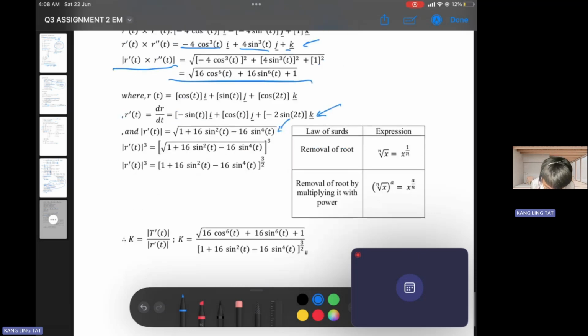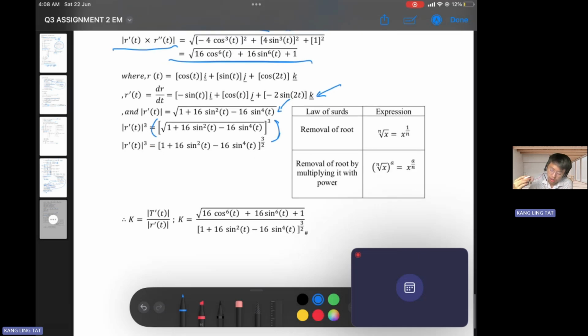Here, it's a bit tricky, but looking at the law of surds and its respective expressions, so the removal of root. It says that in another term you can say surd x is equivalent to x power 1 over 2. So this is basically for removal of root.